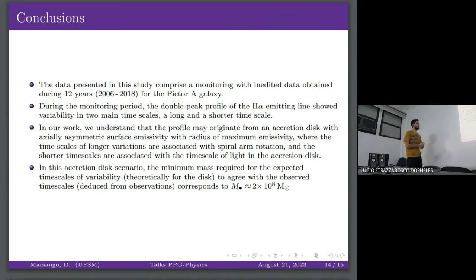The shortest time scale is associated with the light travel time scale. In this accretion scenario, the minimum mass required for the expected time scale variability, theoretically from the disk, and the time scale observed in the spectrum corresponds to a mass of 2 times 10^8 solar masses.